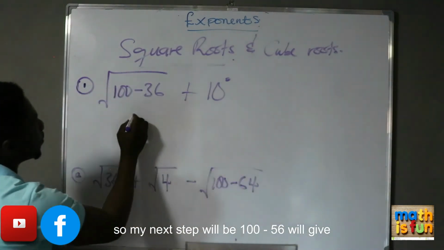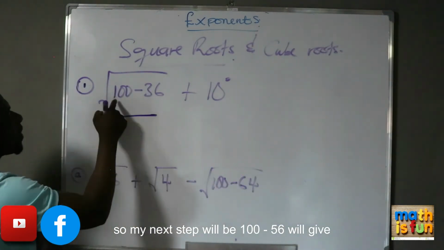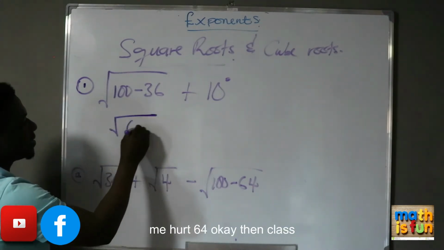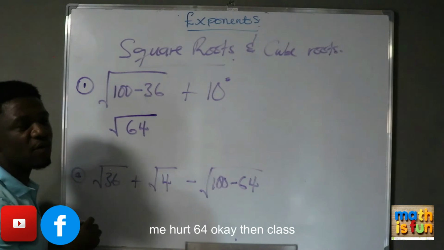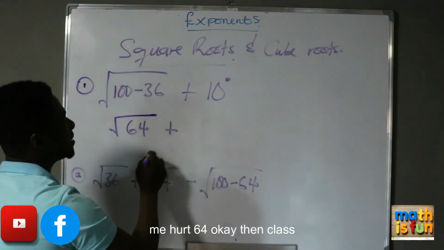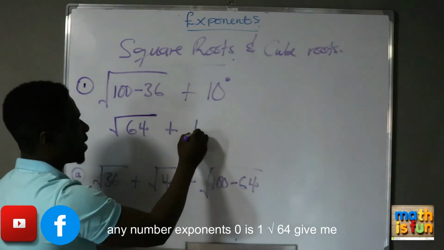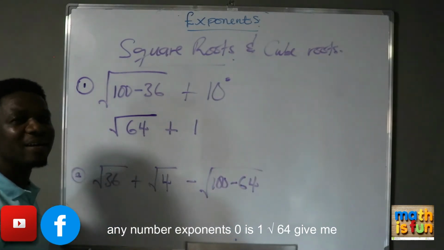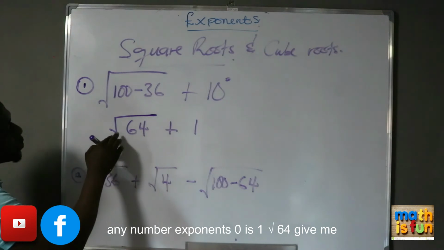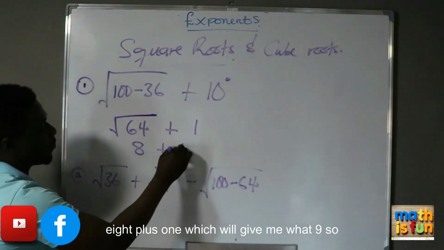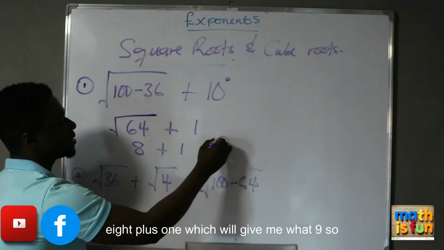So my next step will be 100 minus 36 will give me what? 64. Then plus any number exponent 0 is 1. Then the square root of 64 will give me 8, plus 1, which will give me what? 9.